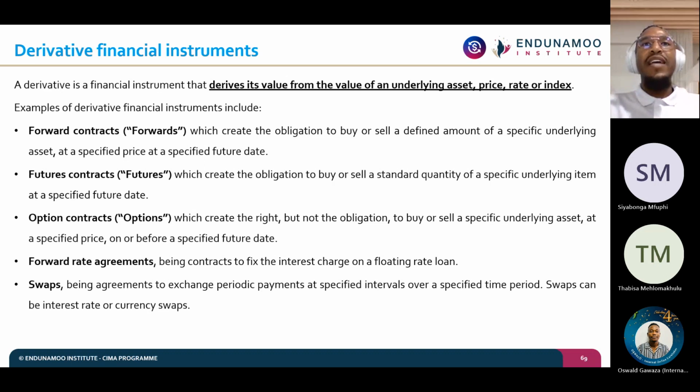Because you've entered into a contract and you are obligated by virtue of entering into this contract to buy a defined amount, the defined amount is a barrel of a specific underlying asset, being diesel, at 10,000 Rand, being a specific price, at a specified future date, which could be April, May, June, July, 24th of July. That is a forward contract. It's created an obligation on you to buy that quantity of diesel.